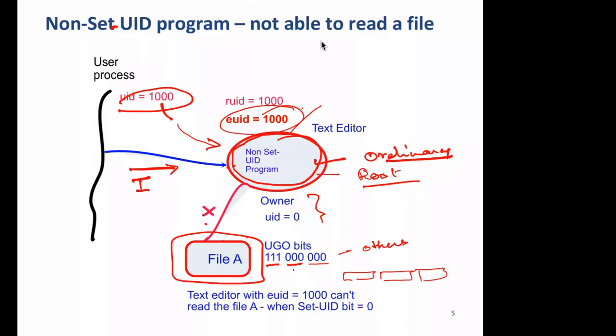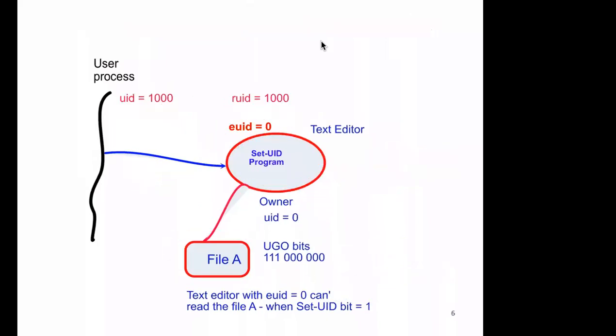Now this may cause a problem, because if the user has to read something, and the system may want the user to get some information in a limited form, not everything, then what it can do is create that logic of limited functionality in this program.